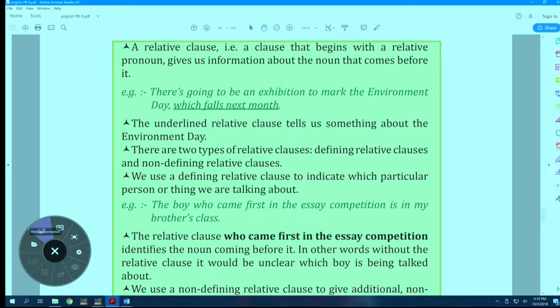Then here, what is the noun that is being talked about in this sentence? See, there's going to be an exhibition to mark the environment day which falls next month. What is it? Yes, the environment day which falls next month.